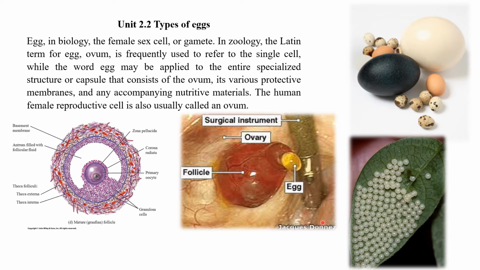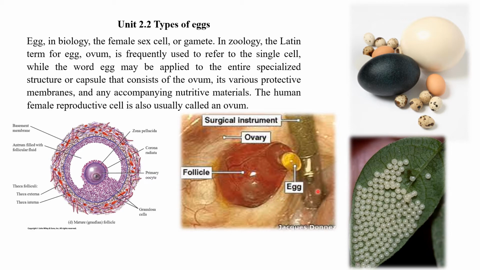If you look at the female gametes of the animals across the animal kingdom, each and every animal has a great ability to produce its own kind of female gamete. For example, the mature female gamete in human beings is called an ovum, or sometimes it is also referred to as an egg.